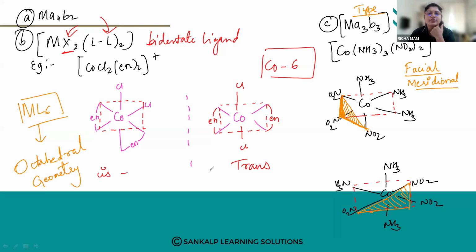Now, when you have an octahedral geometry, that is, a coordination number of 6, such complexes show octahedral geometry, and that is of the type MA3B3.